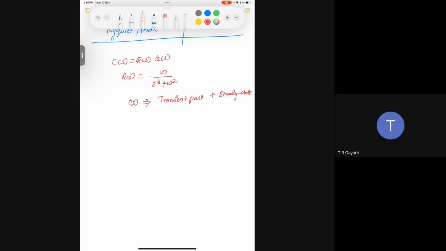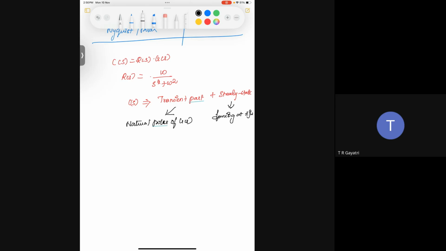Out of this, the transient part comes from the natural poles of G of s, whereas the steady state part comes from the forcing function at plus or minus j omega.